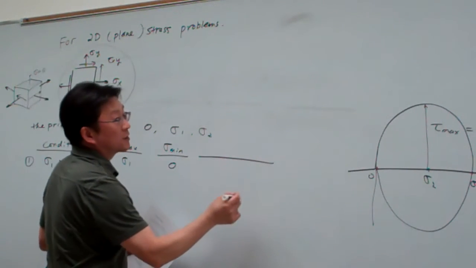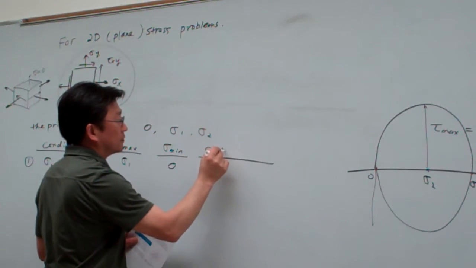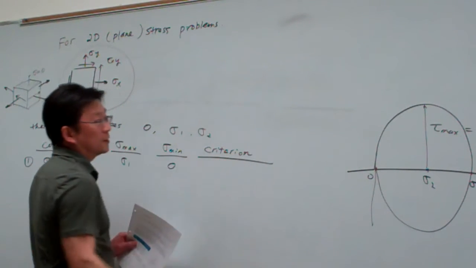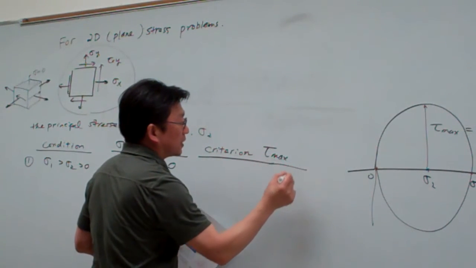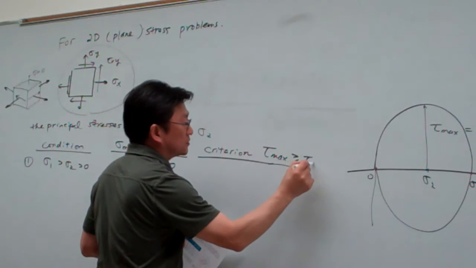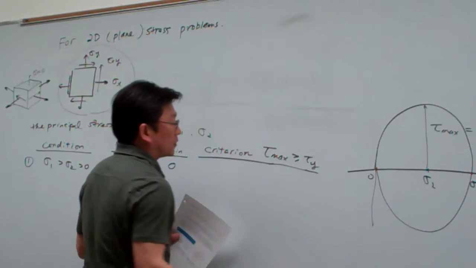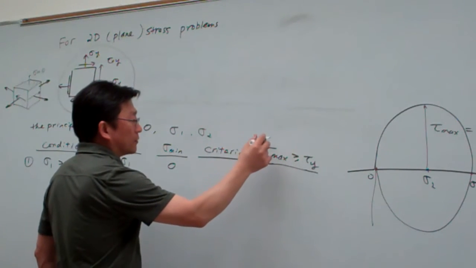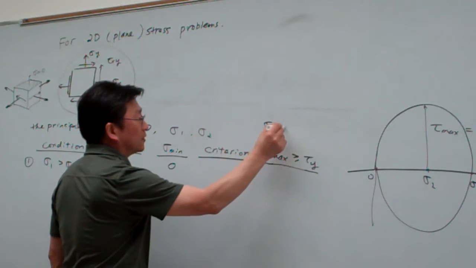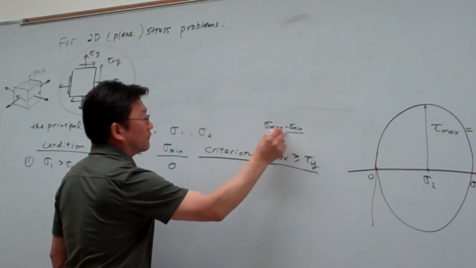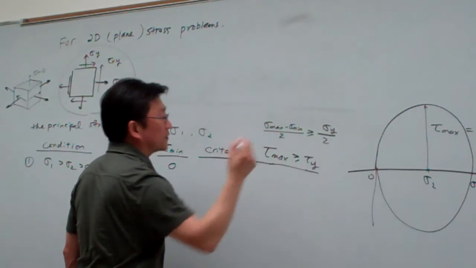So the criteria is, at the onset, sigma maximum is this sigma 1, and tau maximum, which is sigma maximum minus sigma minimum divided by 2, is greater than or equal to sigma y divided by 2.